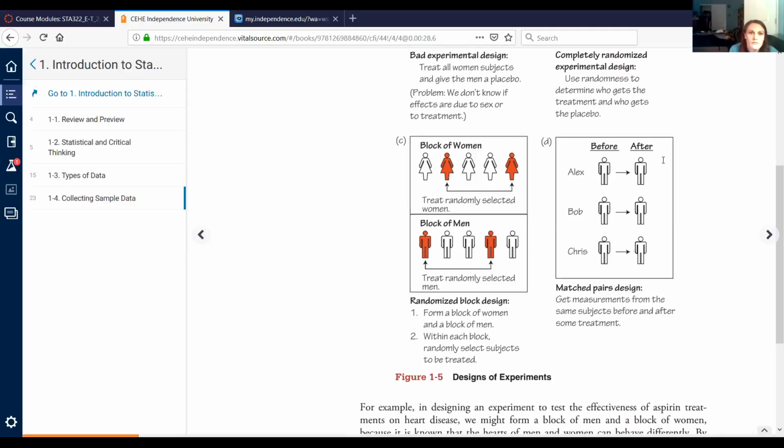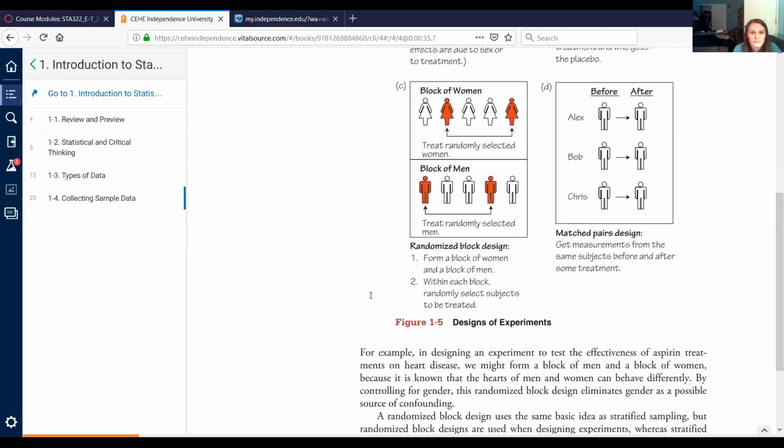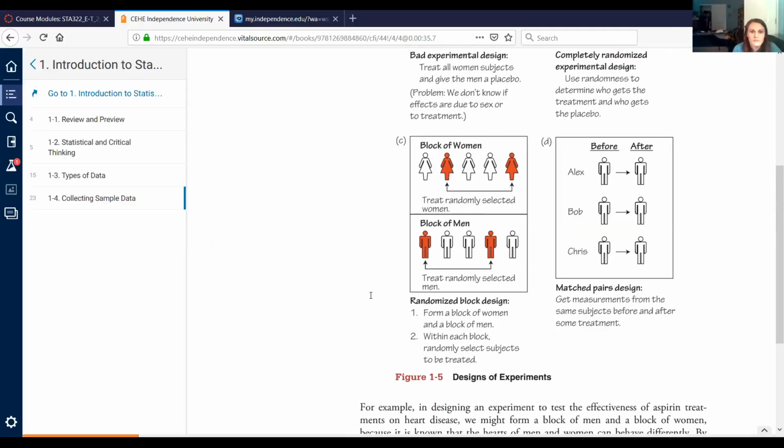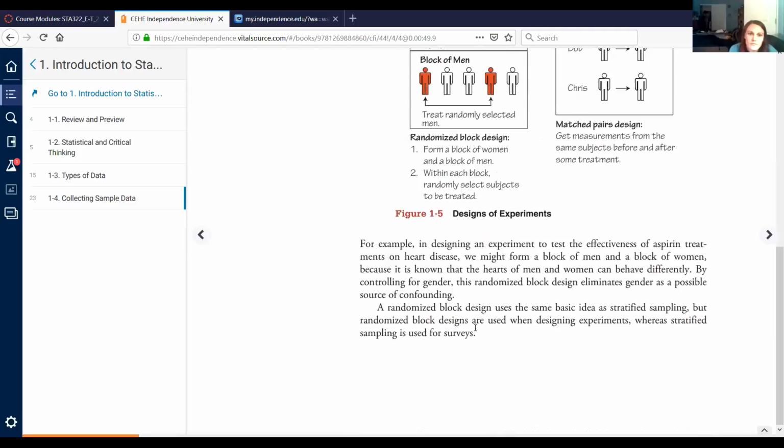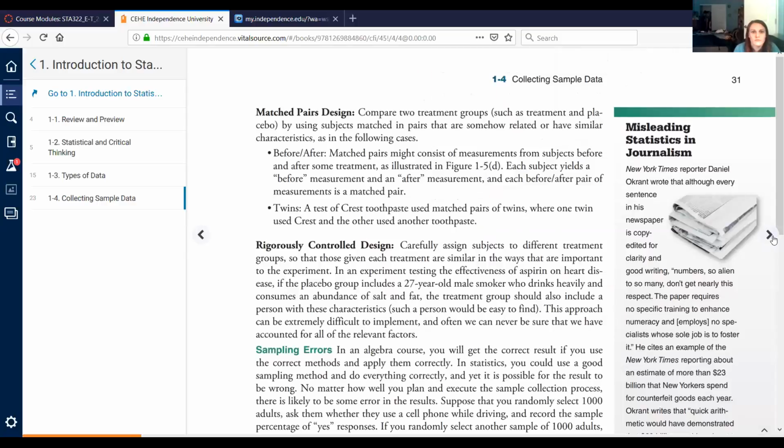So that's a matched pair. Randomized block is to again block out by some characteristic, in this case men and women in different blocks, but then randomly treat or include both in there. So the designs are such that we want to remove as many issues that may confuse as we can.